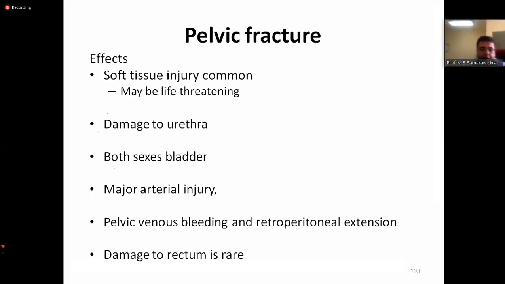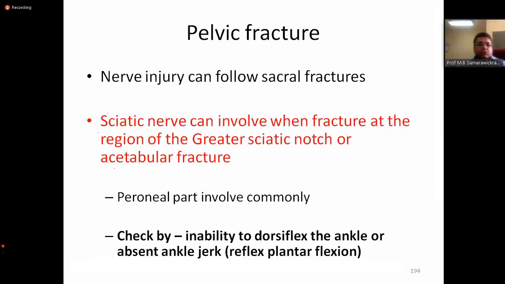Especially the veins can be damaged and cause retroperitoneal bleeding, which can extend up to the level of the kidneys, right? Because along the course of the ureter, the posterior peritoneum is loosely attached, right? And damage to the rectum is very rare in pelvic fractures.